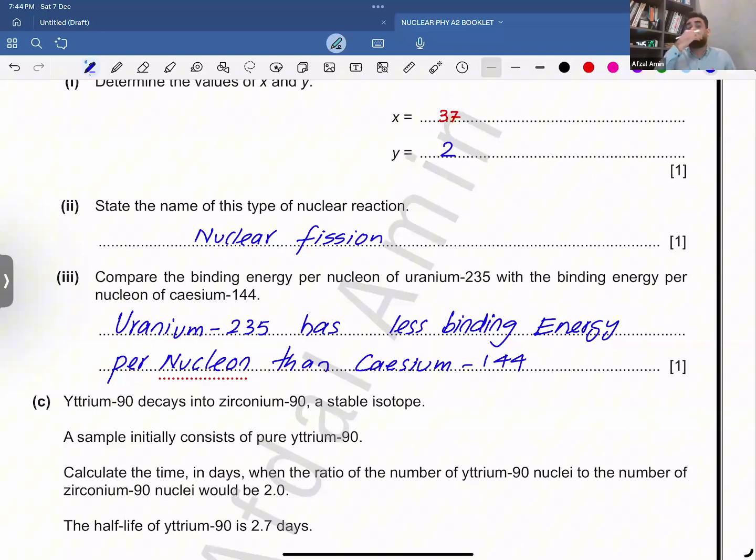If they ask you to explain, because cesium is a product which is more stable. So more stable means it has more binding energy per nucleon.